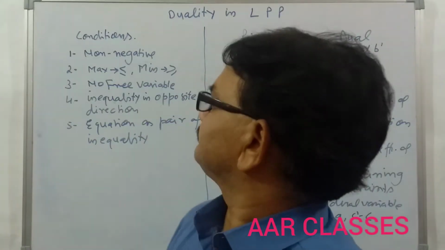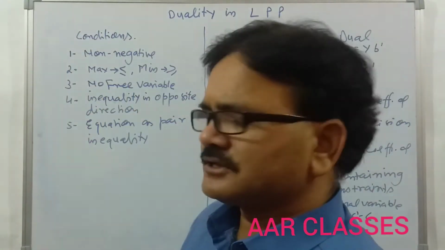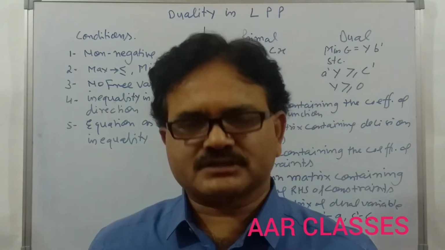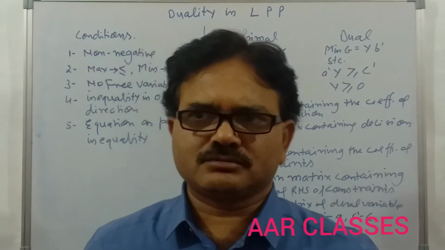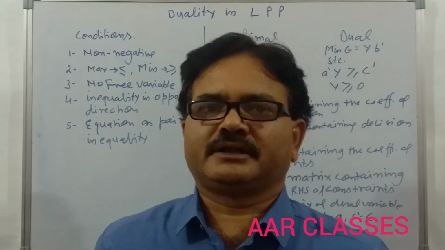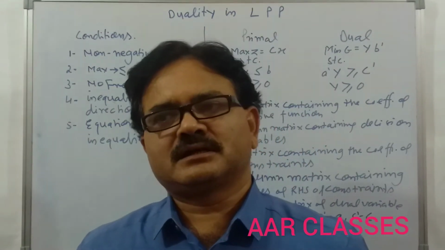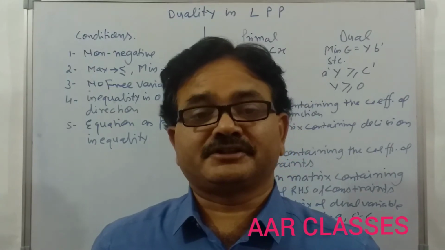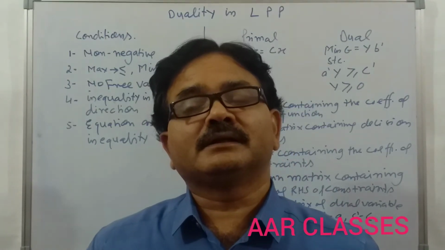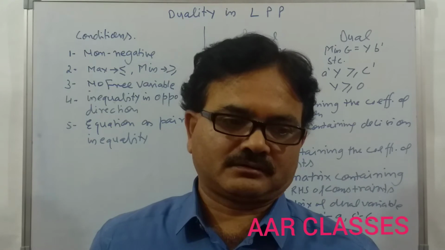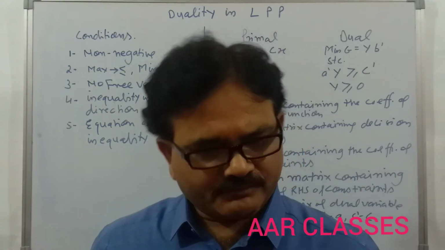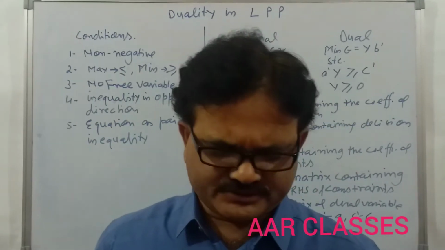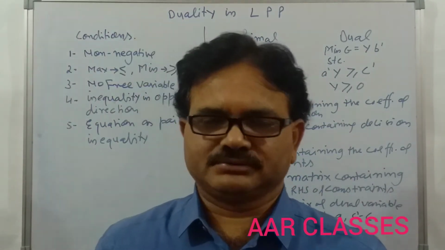Point number 3, there should be no free variable. Obviously the decision variables we are talking about, say x1, x2, must not be free, meaning they should not be unrestricted. Whenever there is such a case, we will deal with it separately by taking an example.